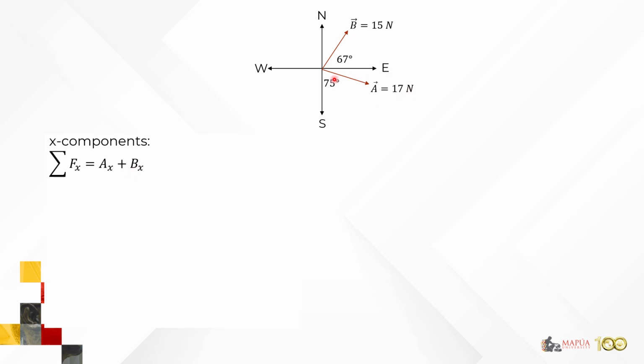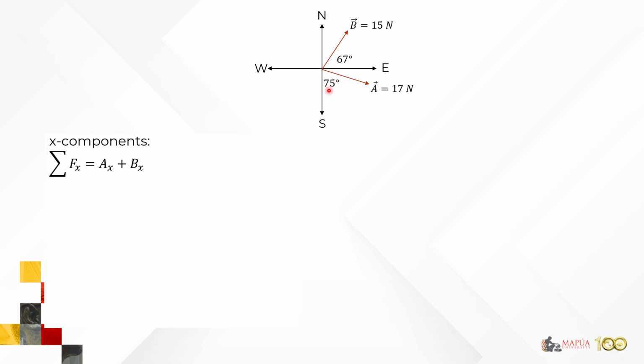And how do we get the x component? Remember, the x component is always the horizontal side of the right triangle that we're trying to imagine here. The horizontal component of the right triangle in vector A is the opposite side of our theta, the angle 75 degrees.